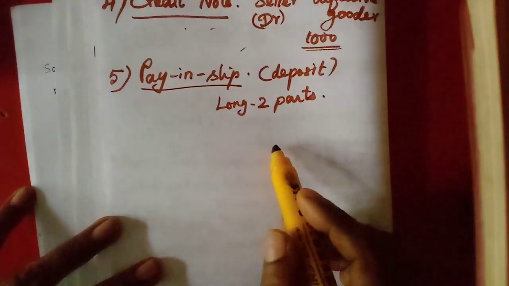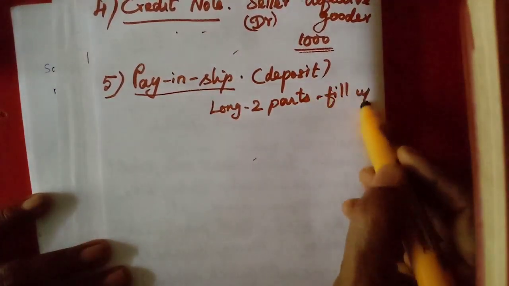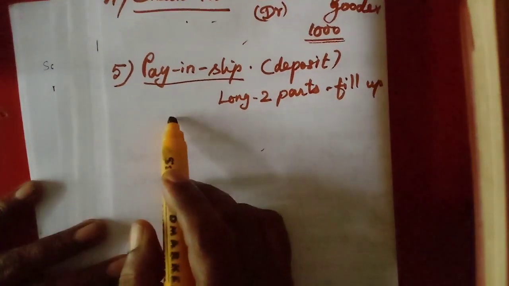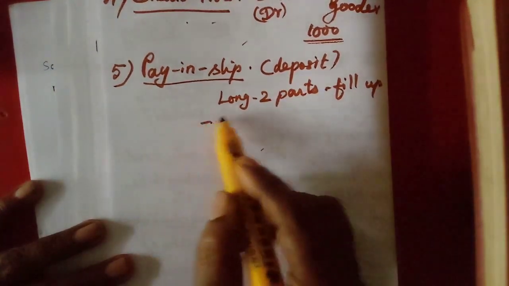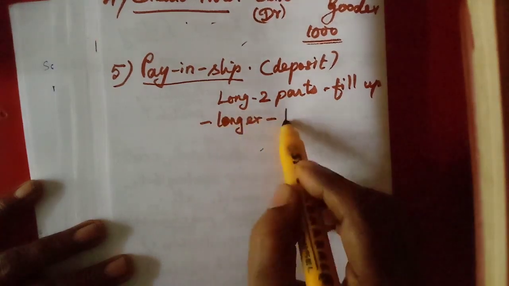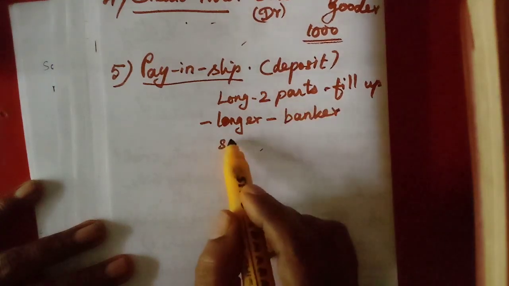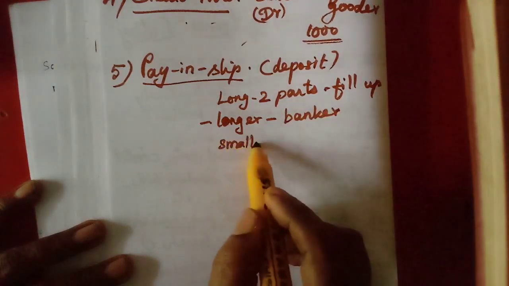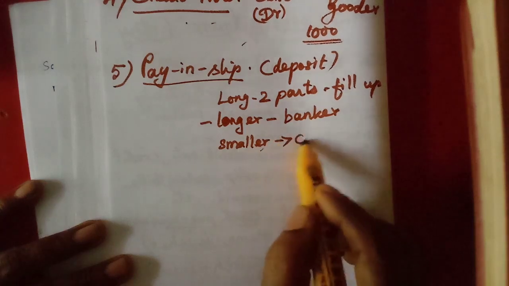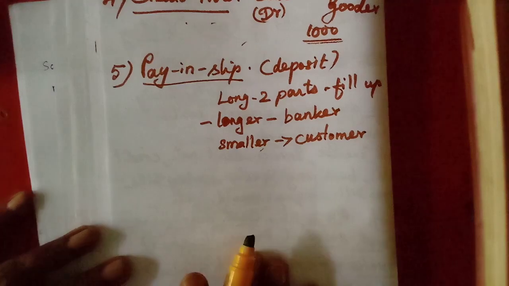The smaller one, both we have to fill up. The larger, longer one will be kept by the banker, and the shorter, smaller one will be given to the customer, the one who goes to deposit money in the bank.